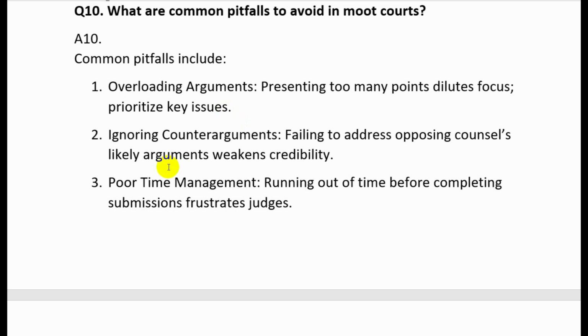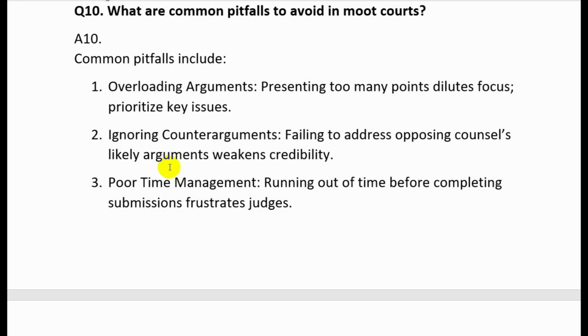Ignoring counter arguments, that is, not preparing for the counter arguments from the opposing counsel, which will weaken basically our credibility because we are not prepared for the counter argument. Poor time management. Running out of time before completing submissions frustrates judges. Judges are also constrained for time.